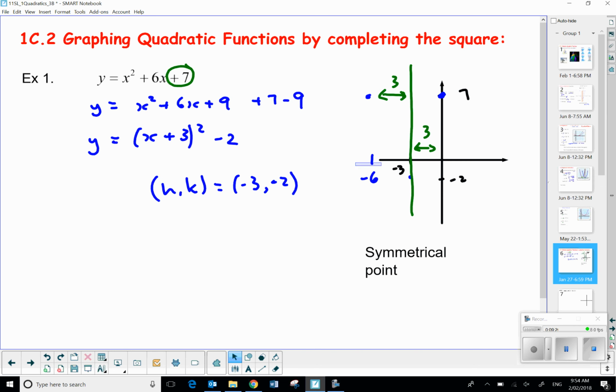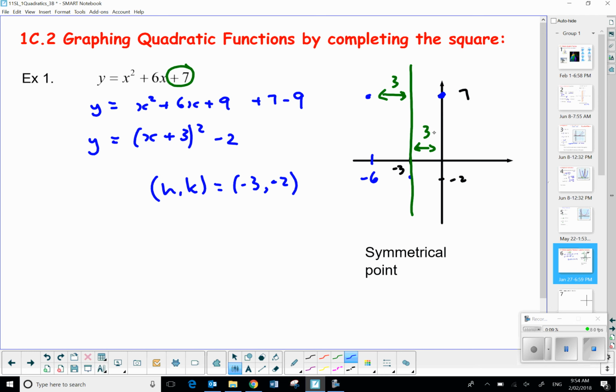There we go. So even just with these 3 points, I can now sketch it in.